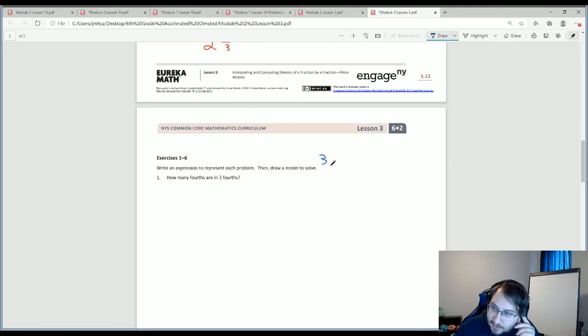For at least 3 out of the 6 of these exercises, I want you to draw a model. You don't need to draw a model for every single one because at that point it might just get a little bit tedious. But for at least 3 of those exercises, I want you to draw a model.